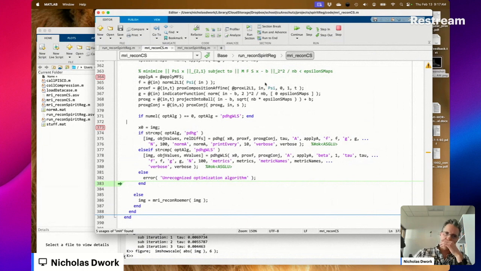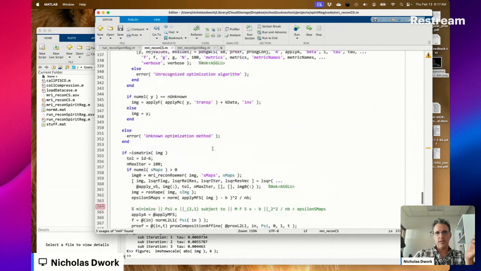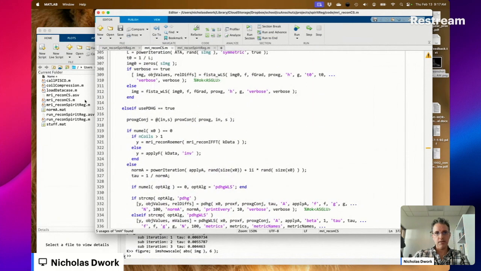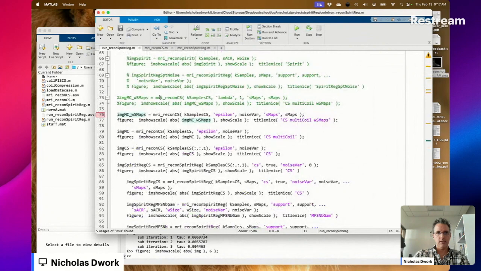You know what would be interesting? I wonder what epsilon S maps is if we solve the problem with Vista using lambda equal to 1. Let's do that.